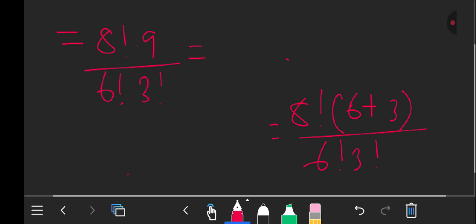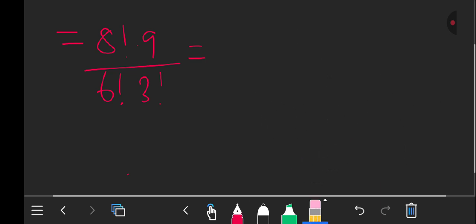So this will be equal to, when you have 9 multiplied by 8 factorial, this is just 9 factorial, because 9 factorial is 9 multiplied by 8 multiplied by 7 multiplied by 6 multiplied by 5 multiplied by 4 multiplied by 3 multiplied by 2 multiplied by 1. But we can just end on 8. So this is same as 9 multiplied by 8 factorial.